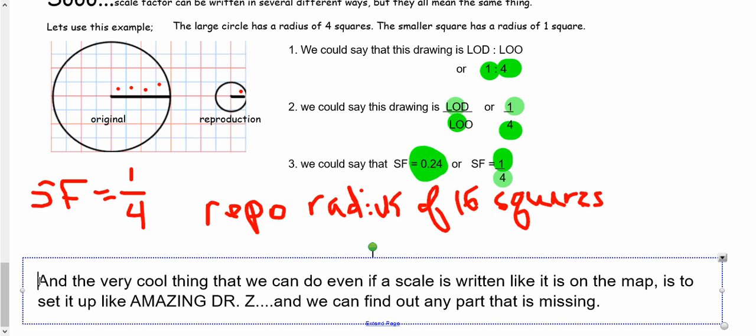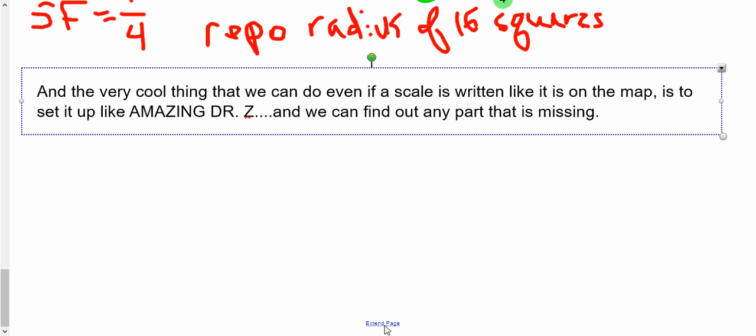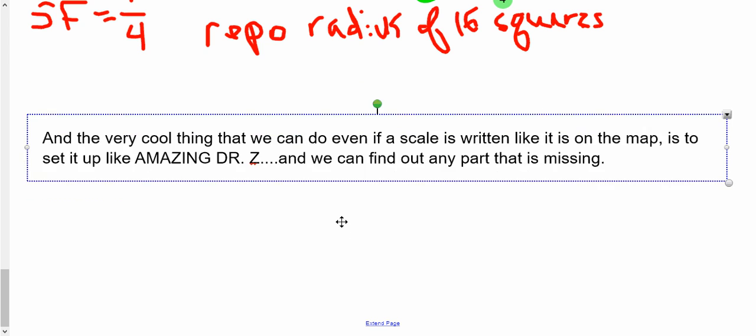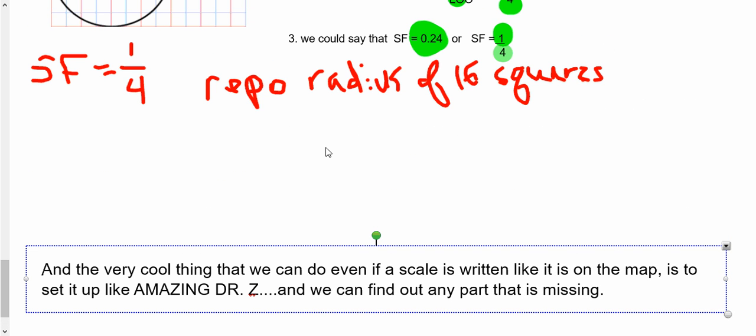This is kind of different because we're trying to use a fraction as a scale factor, but can we still do it? Absolutely, because we can still write it as an amazing Dr. Z. Check this out. 1 over 4 is our scale factor, equal to Lod over Lu.